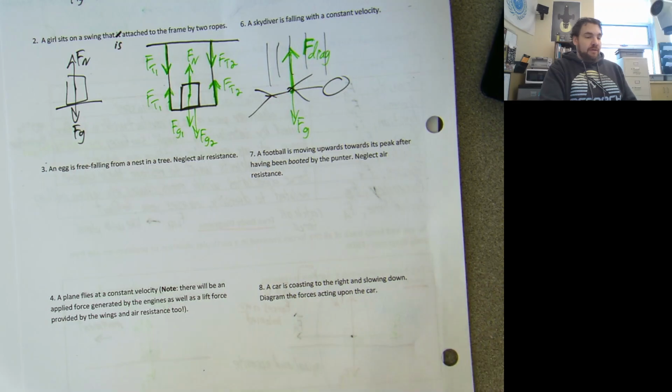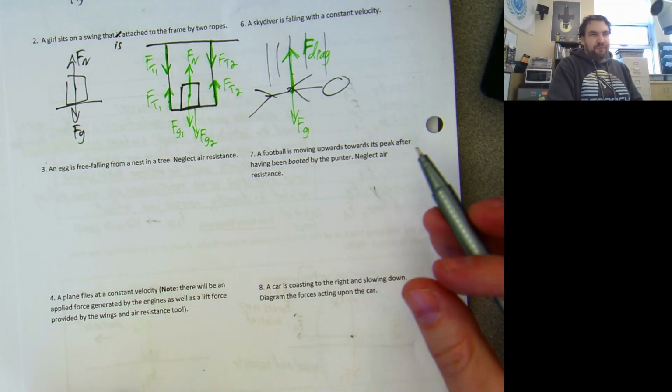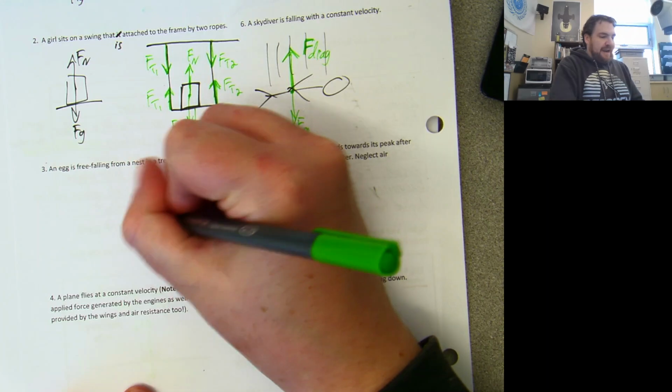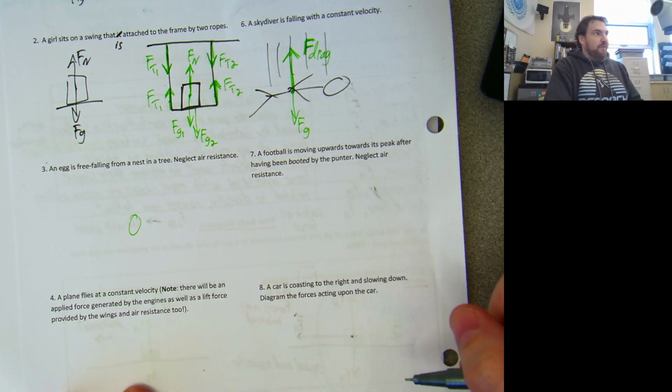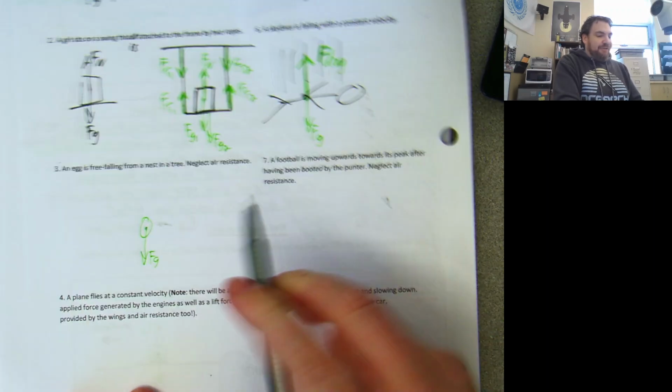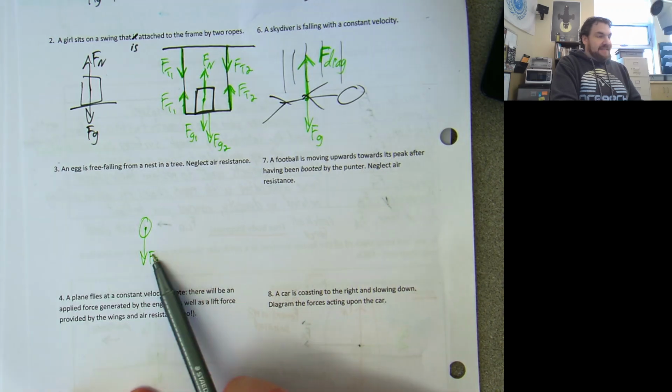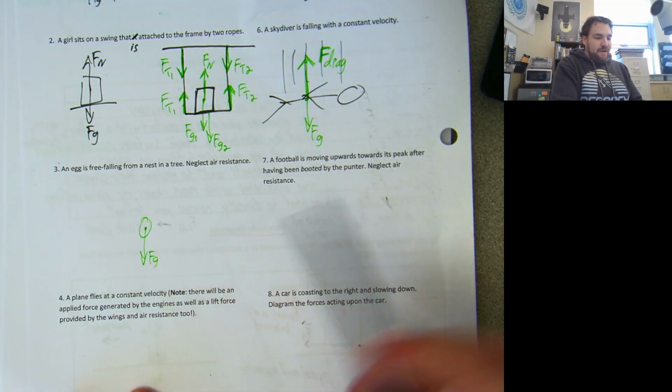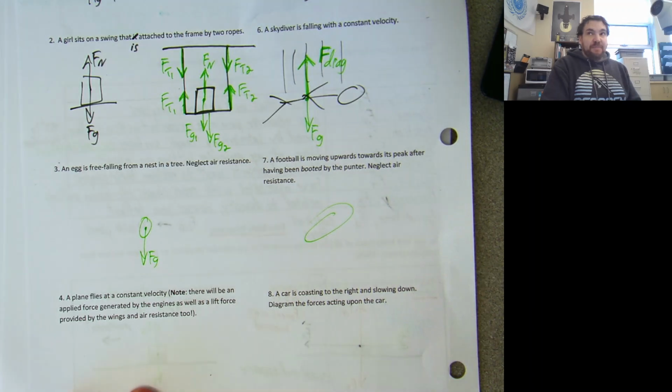Okay, 3, an egg. Let's go faster because we only have 4 minutes left. There's my egg. Free body diagram. Gravity. If we're neglecting air resistance, that's it, we're done. Football. There's my football.